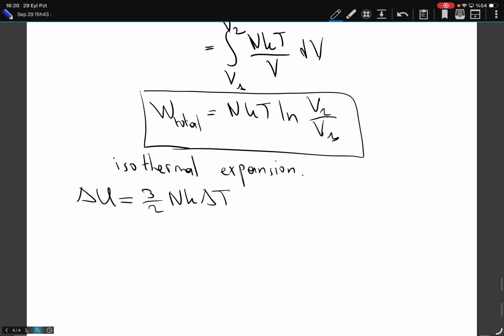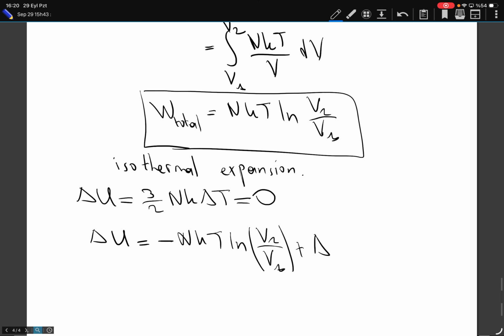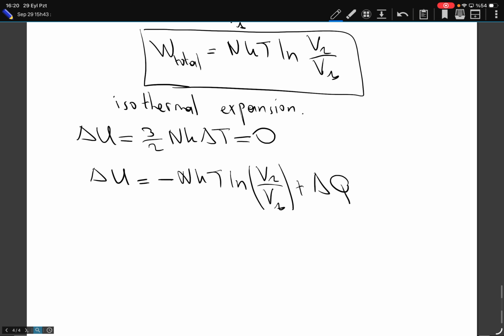So basically, T doesn't change. Isothermal means the temperature doesn't change. So this is just 0. But the first law of thermodynamics tells me that delta U should be equal to minus the work done by the system, which is minus nKT logarithm of V2 over V1, plus the heat given to the system. So now we know how much heat is given to the system.